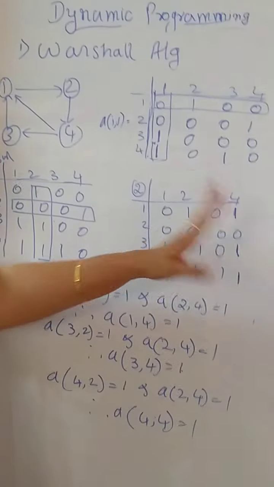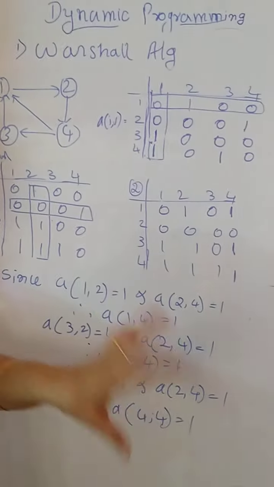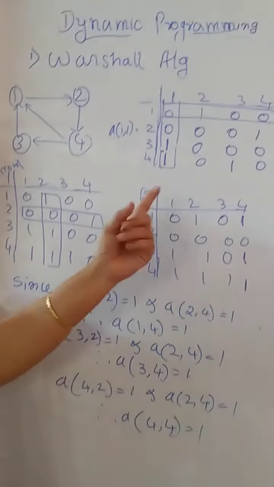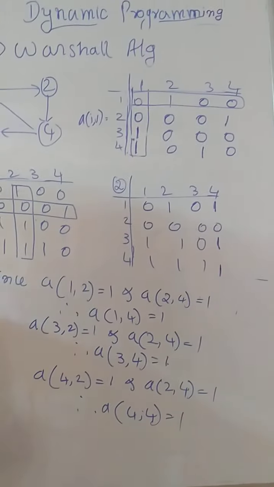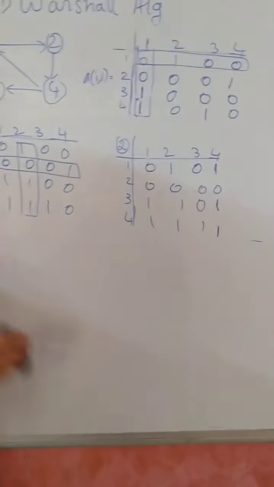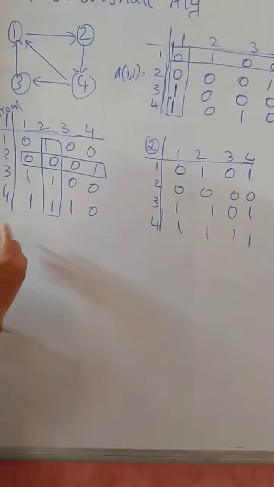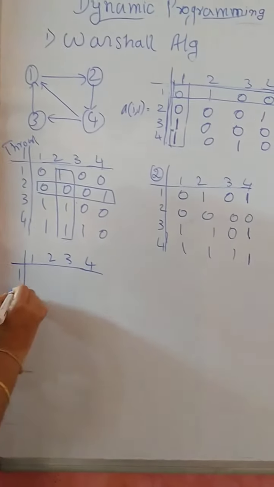Now to solve through 3, the next instance, I am using the result of the previous instance, through 2. So the next instance is through 3. 1, 2, 3, 4.